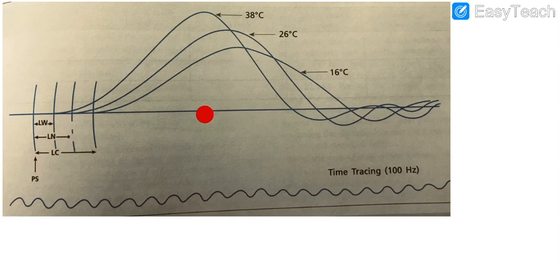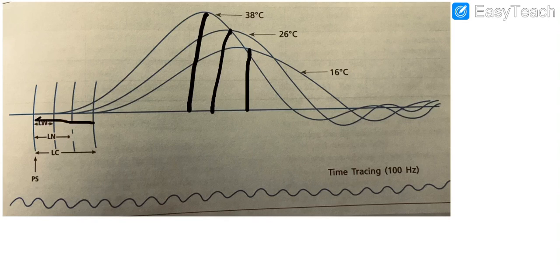Okay. Now, this is the second graph, and if you get this graph, the examiner will ask you to comment on it. So, what will you say at the starting point? This is the graph showing the effect of temperature on the simple muscle twitch, right?